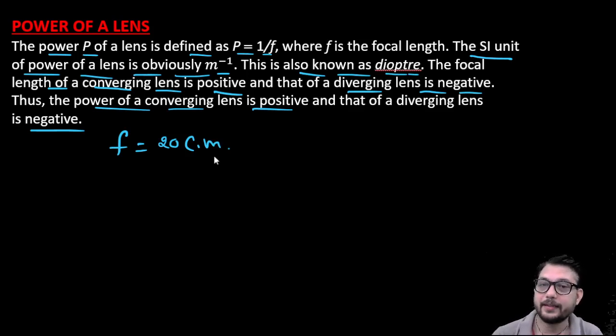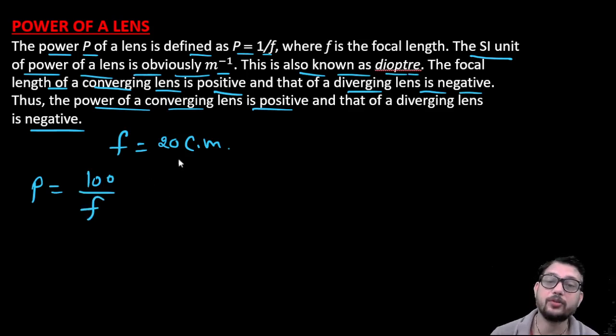It is clear that the focal length is positive, because whether you use the positive sign or not, in both cases the positive sign is considered. But if we use the formula for power, it will be 100 upon F. Why do we use 100? Because F is in centimeter. So it will be 100 upon 20, which is 5.